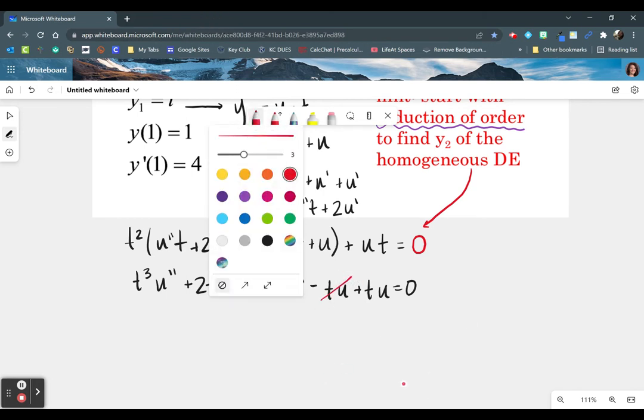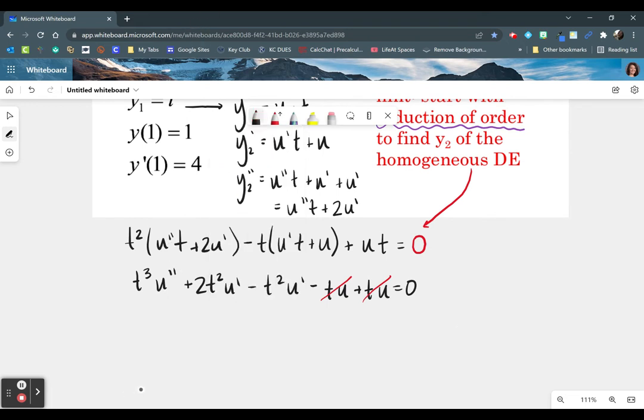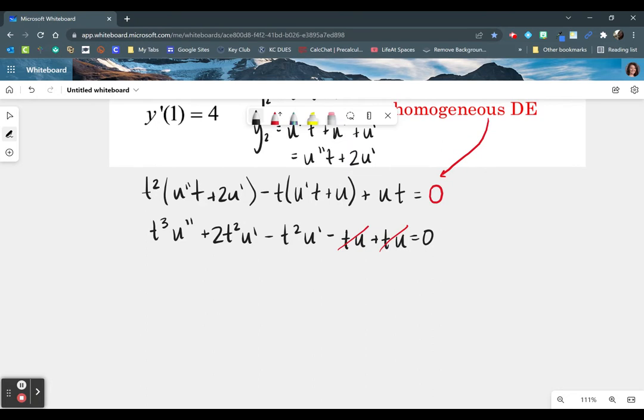We get a negative tu that cancels with a positive tu. And then it also looks like I have some u prime terms here that I can combine. I'm going to do this in the order where I keep my derivatives in descending order. So I'm going to keep t cubed u double prime out front, and then it looks like I have a positive t squared u prime, and then this is equal to 0.